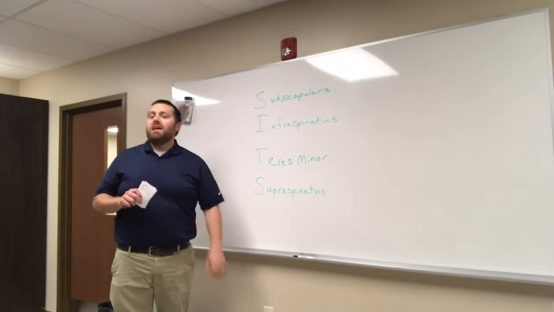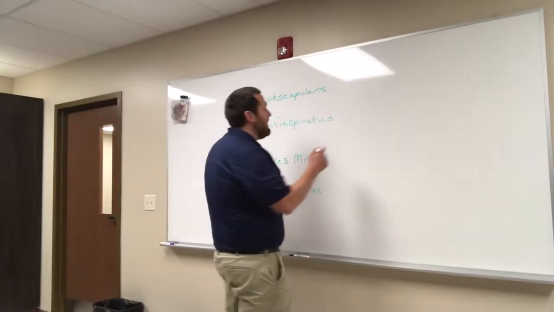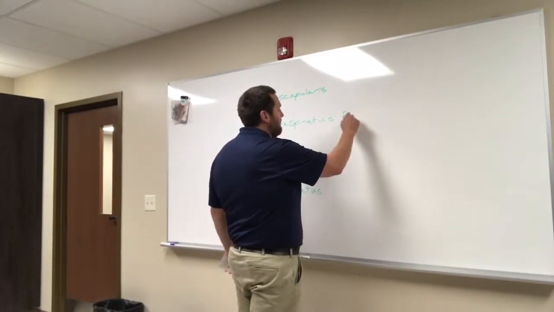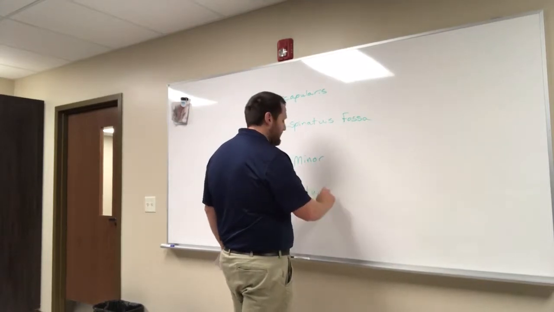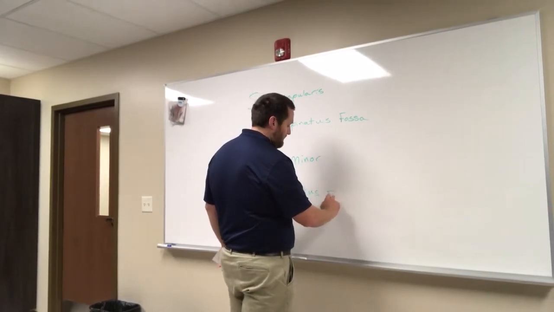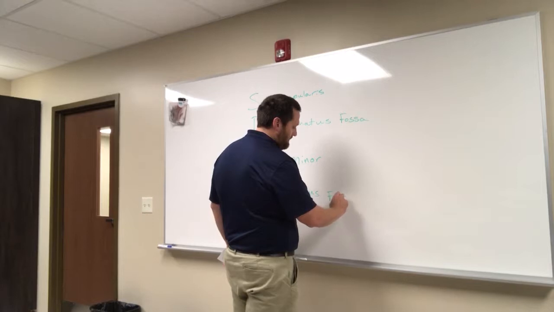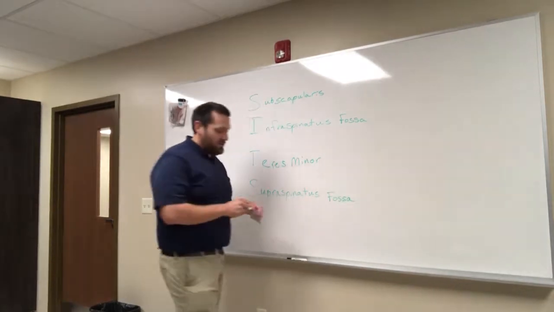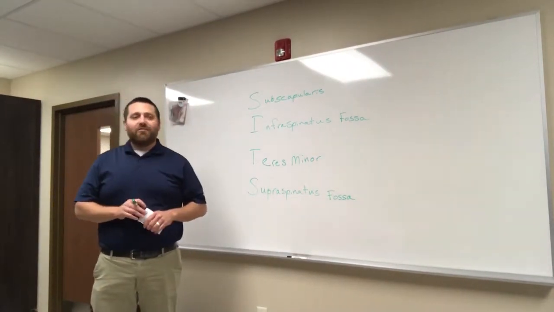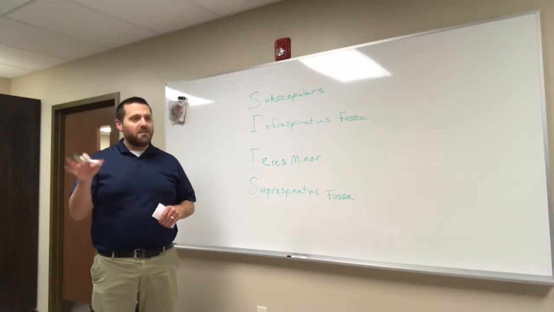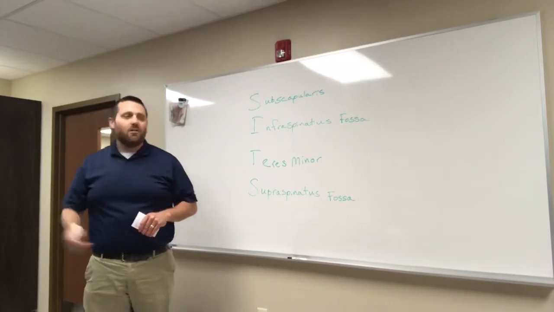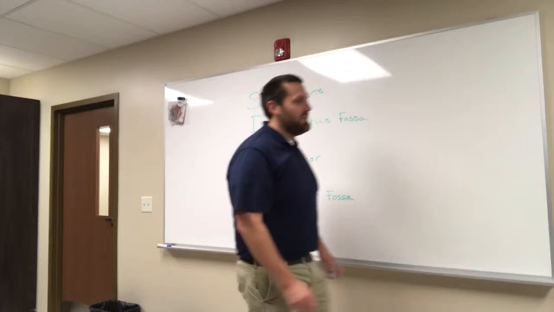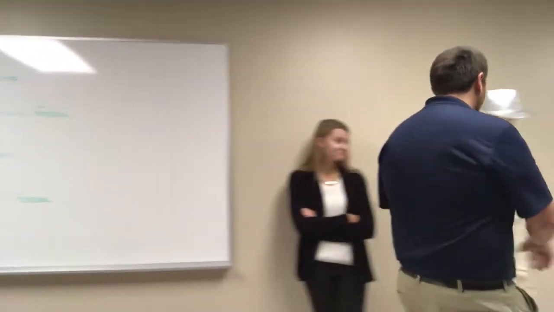Okay? What we have for these is we have an infraspinatus fossa, and we have a supraspinatus fossa. Do we remember what a fossa is called? Or what it stands for? Yeah, it's like a hole or a divot or a cutout. So if we take a look at our friend Scully here, all right.